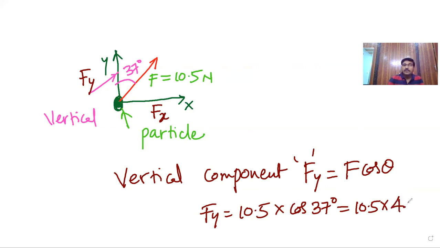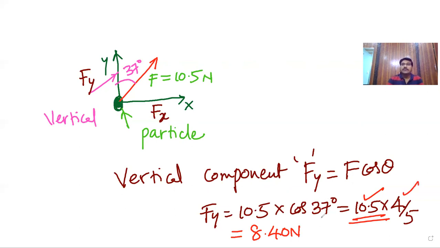Use the calculator. Cos 37 is 4 by 5. On simplification, the component becomes 8.40 newtons. You have to make use of the calculator, be careful, you won't get cos 37 directly.